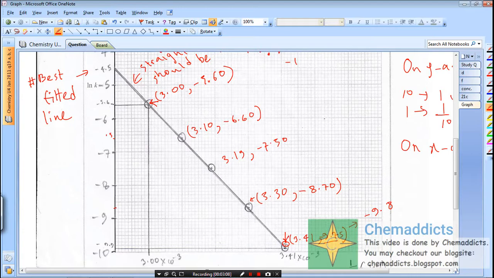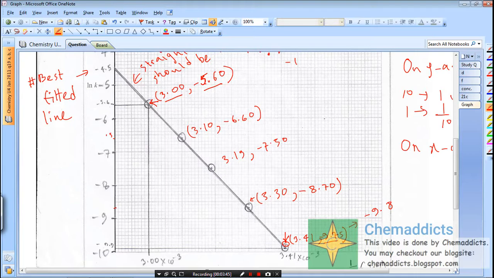This is 3 into 10 to the power minus 3, and this is minus 5.60. So this is the largest triangle, and we're going to find the gradient from this point to that point.